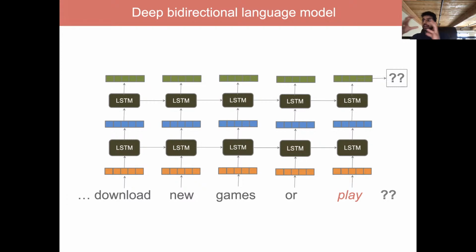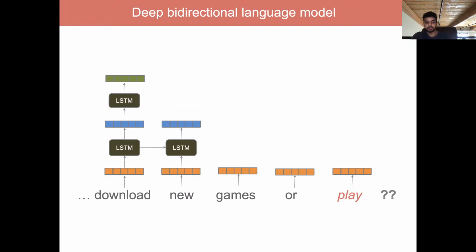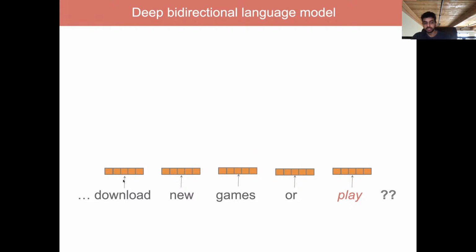But when I concatenate these two representations together, I now have a way of representing the fact that download occurs in this context of new games or play, in addition to all of the words that occur in this sentence before the word download.